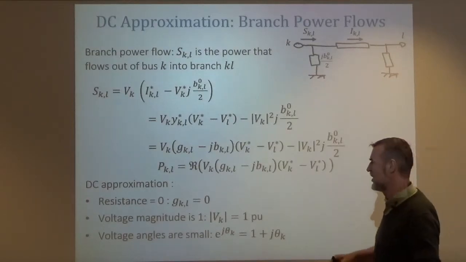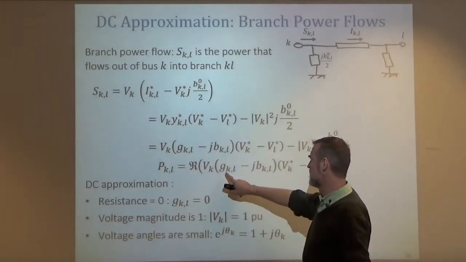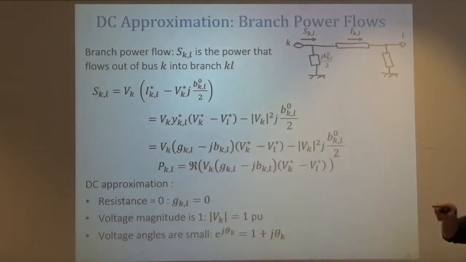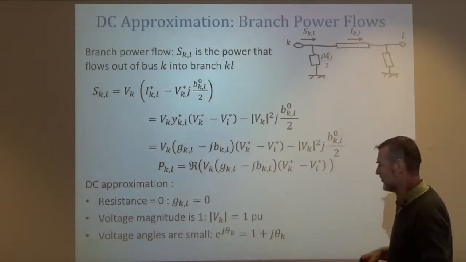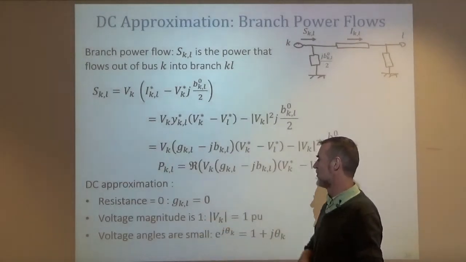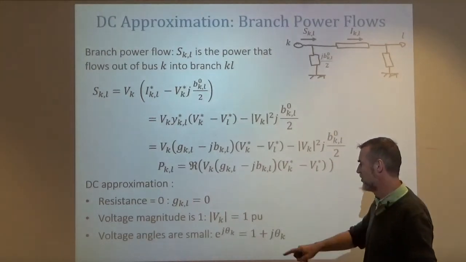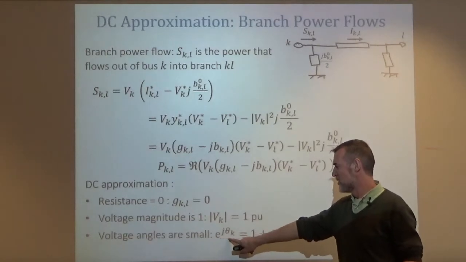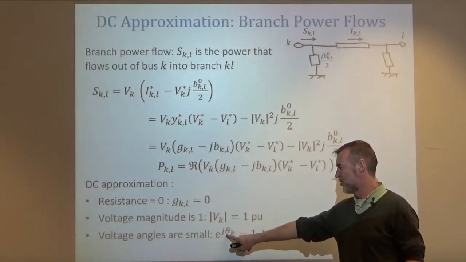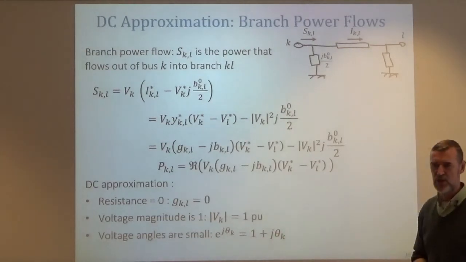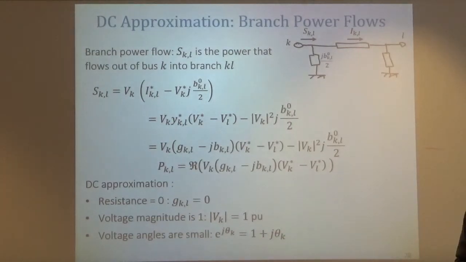So first we say the resistances are small, so the G part of the admittance here, which is of the kind R divided by R squared plus X squared, is negligible. So we put it to 0. And I'll say that the voltage magnitude is 1, and the voltage angles are small, which means we will replace exponential j theta for an angle theta by 1 plus j theta, which is the first order approximation of the exponential function.